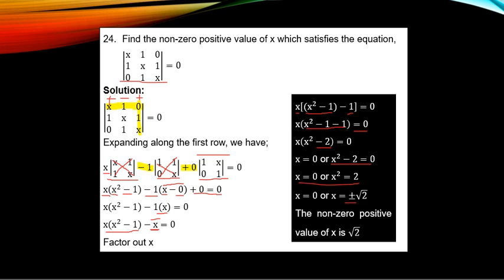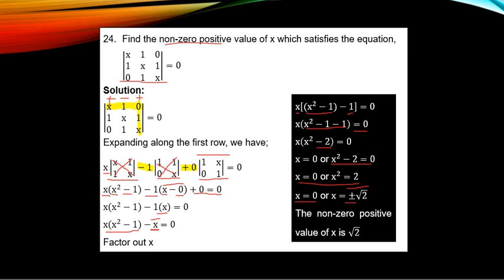That is the meaning. When you are asked to find the non-zero positive value, that means we have to discard this answer, s equal to 0, because it's 0. We want non-zero. We have 2 non-zero answers, plus root 2 and minus root 2.